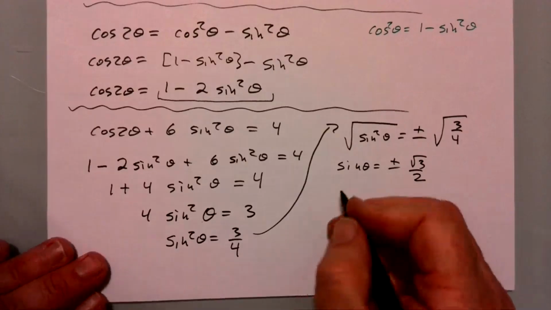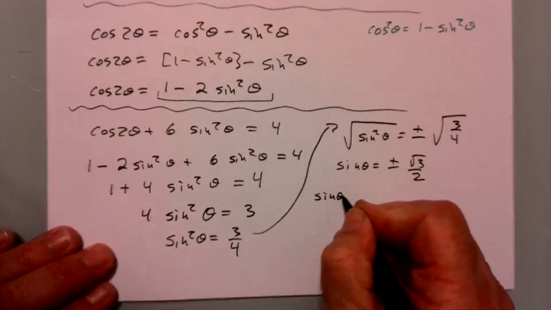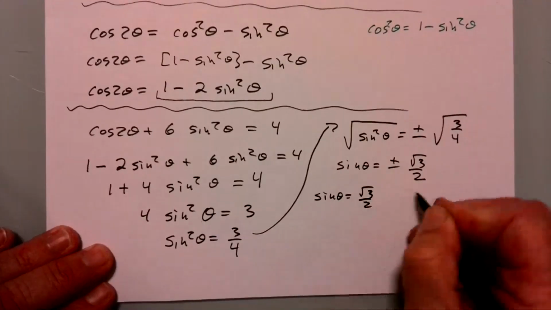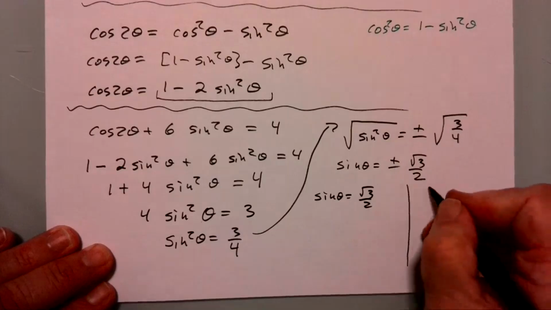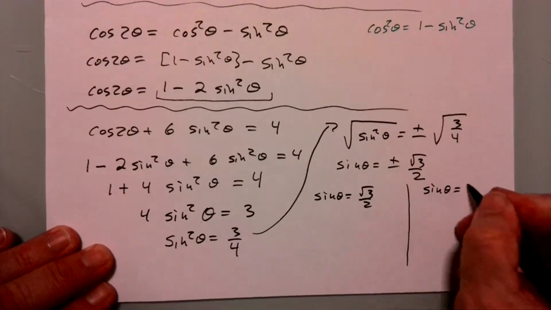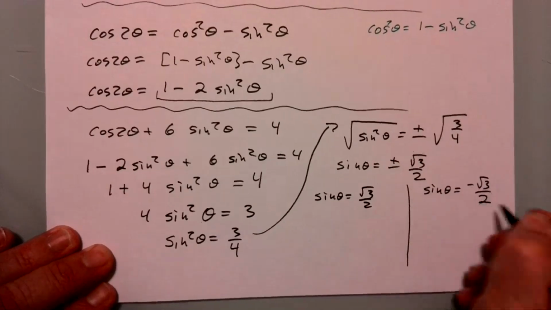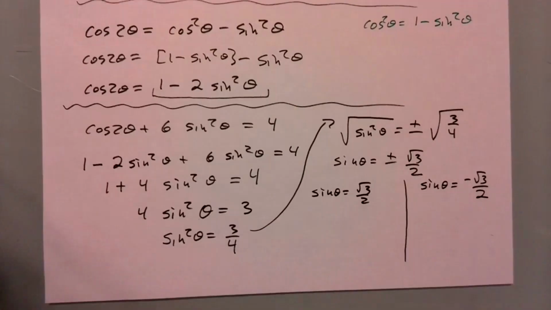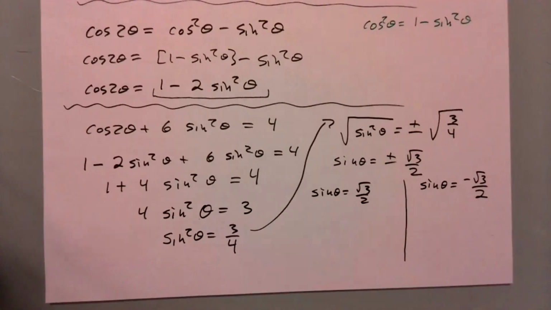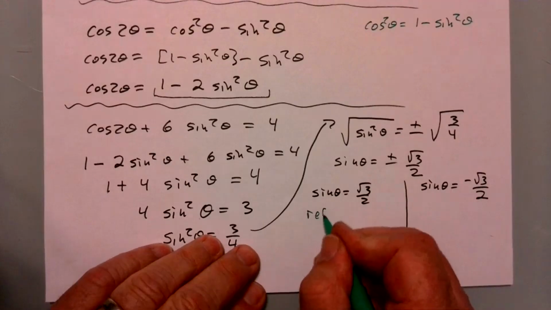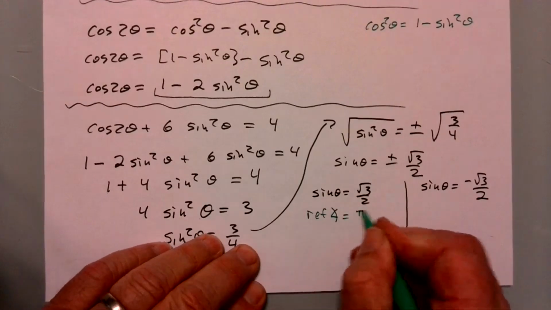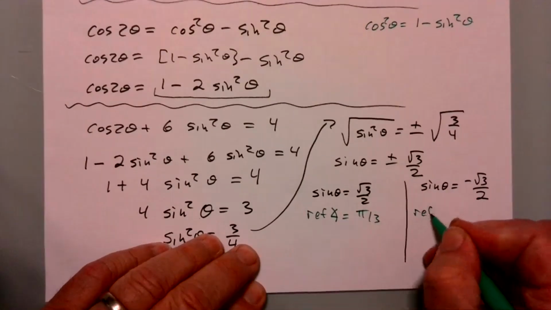That's how we establish this. So the positive version, sine of theta is root 3 over 2. The negative version, sine of theta is negative root 3 over 2. Our reference angle in each case is pi over 3.